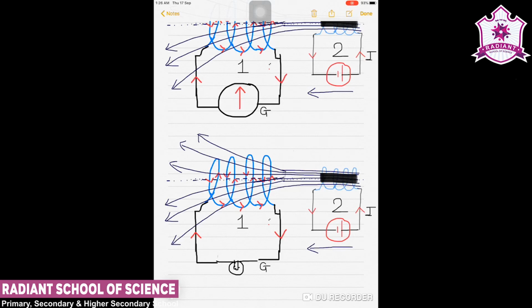If we connect a bulb or LED with it, when current passes through it, it will glow, and if it glows, we can understand that current flows through it. So by connecting this type of arrangement, we can detect the current that passes through coil 1 without using the galvanometer. So this is your example number 1.